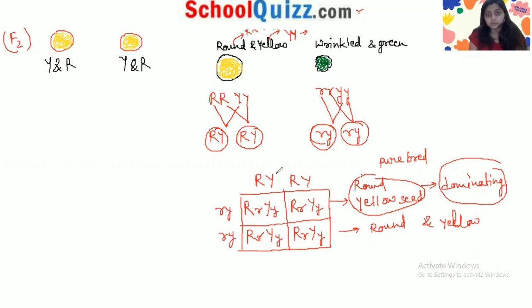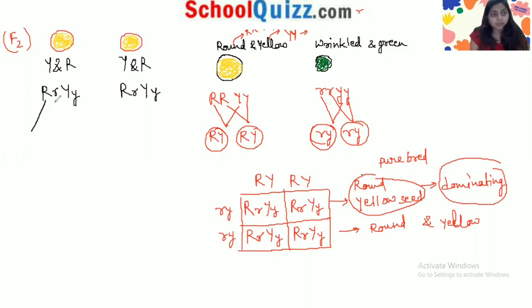So what is the combination here? It is capital R, small r, capital Y, small y. And here it also has capital R, small r, capital Y and small y. So what are the gametes here?